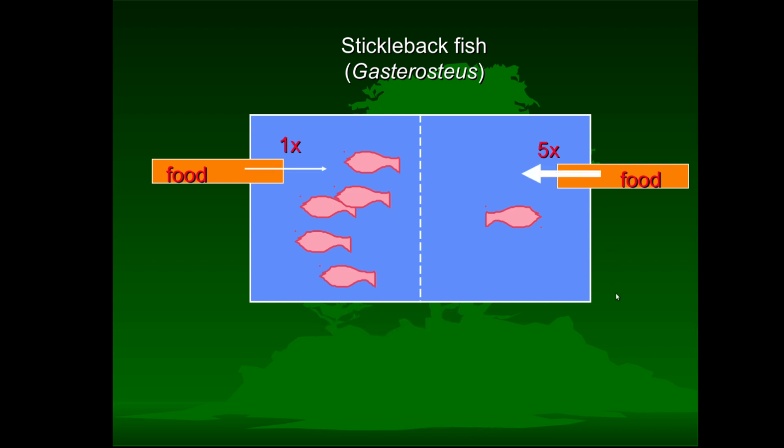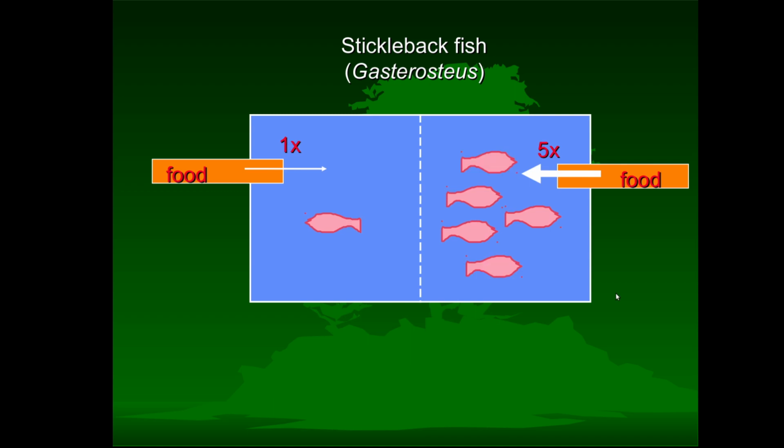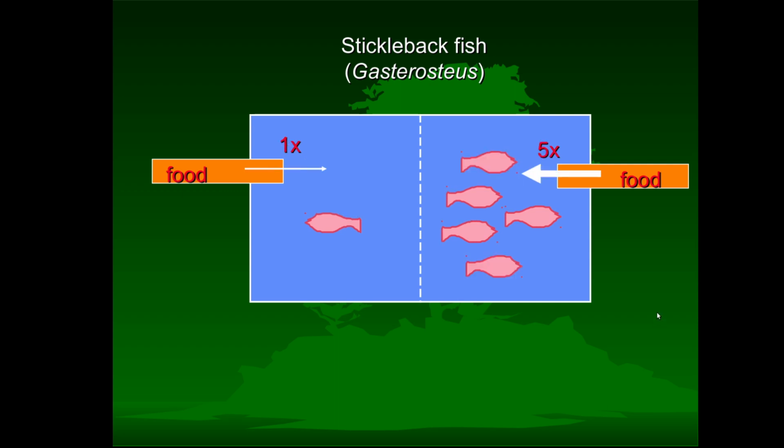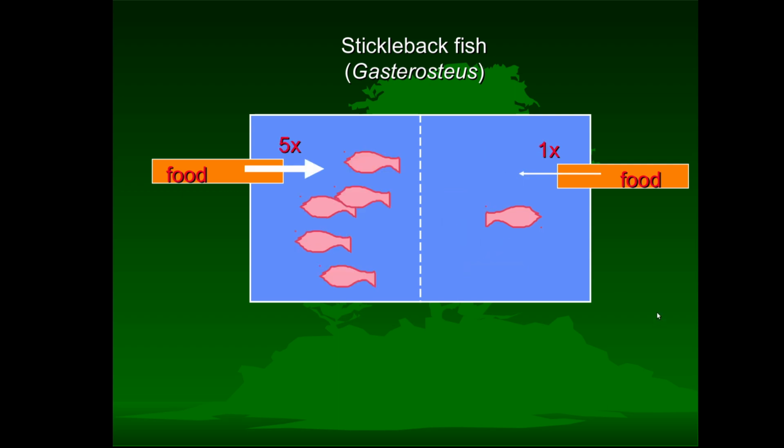If you change the food, then the fish reverse themselves. Reverse the food, the fish reverse themselves. Beautiful example of the ideal free distribution. And you can keep doing this as long as you want.